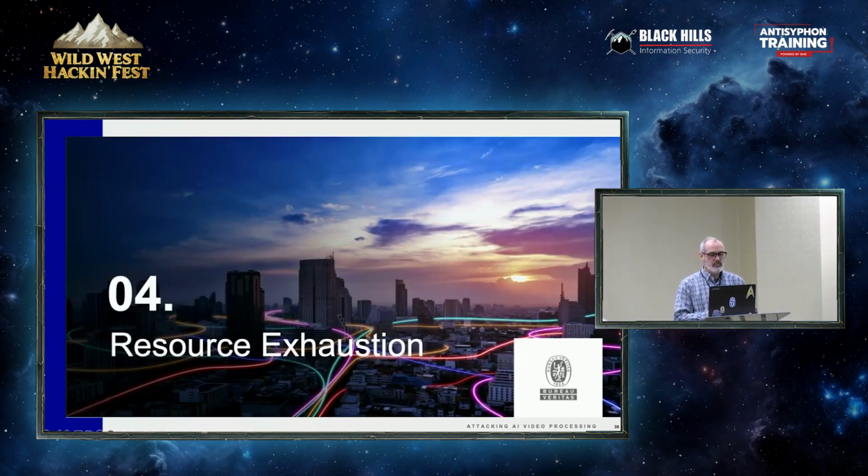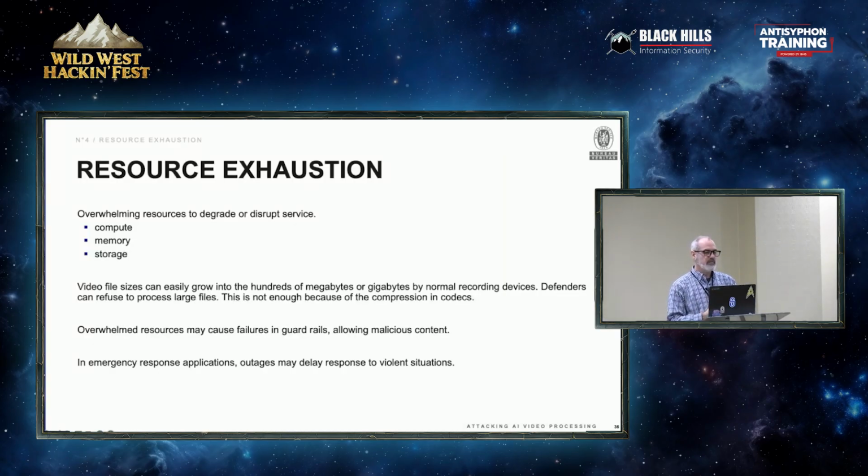So let's move on to resource exhaustion, otherwise known as denial of service. There's a lot of stuff we could do here. We're trying to make it use too much compute, memory, or storage. One of the first guardrails you might think of is to look at the size of the video and limit it, so I only allow things under 2 gigabytes.